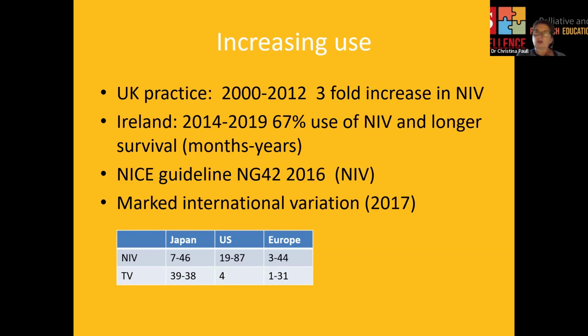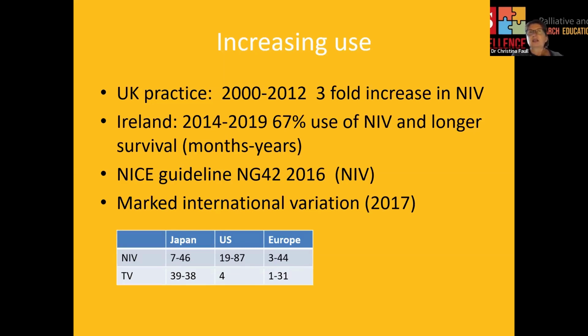So putting all of Europe together, which is probably all of us here, their use may be 3% to 44% of NIV and 1 to 31% of invasive tracheostomy ventilation. And you can compare that with the Japan and US figures.